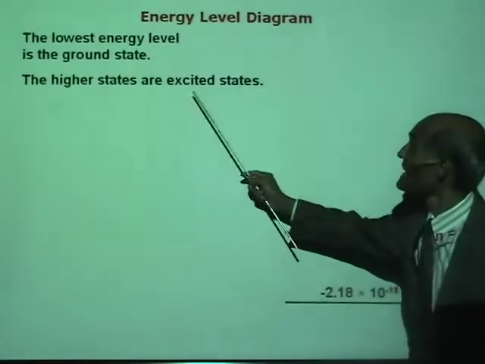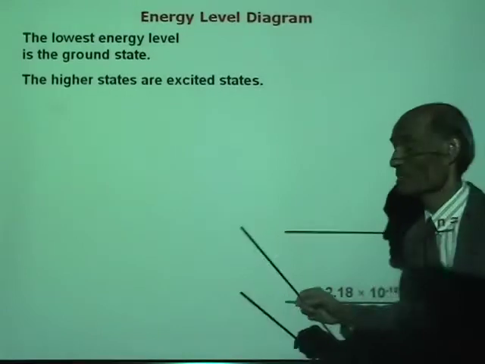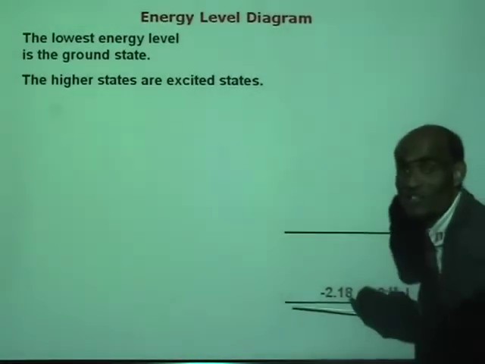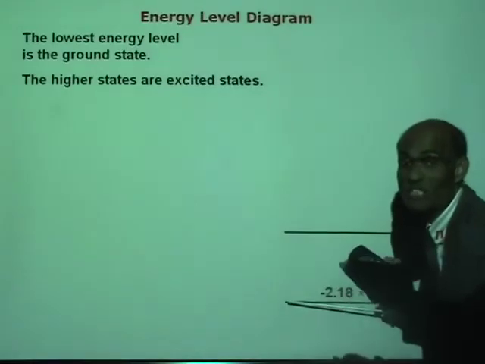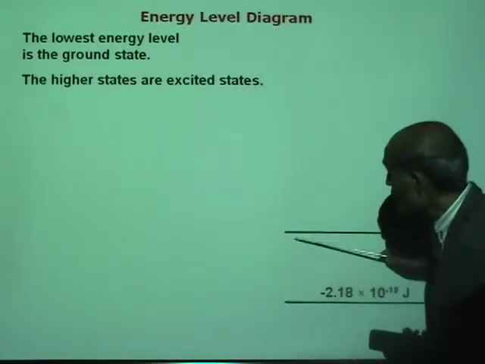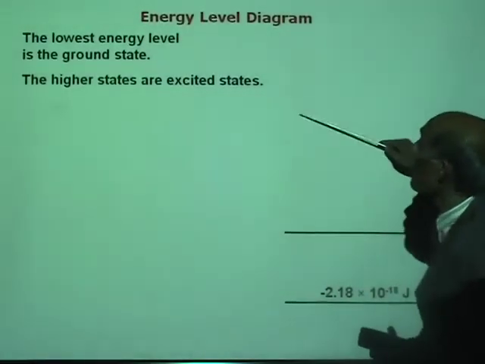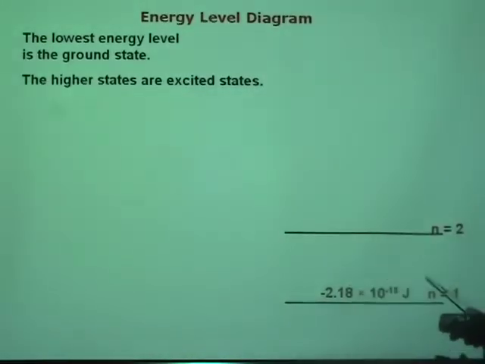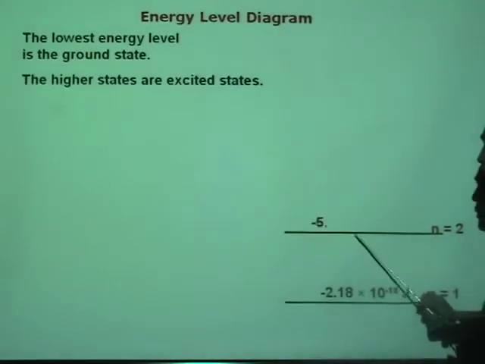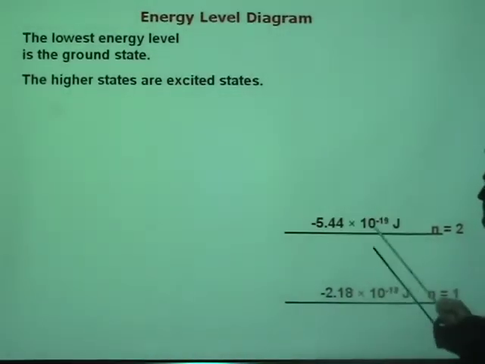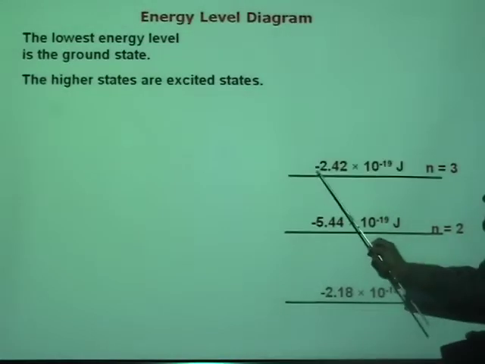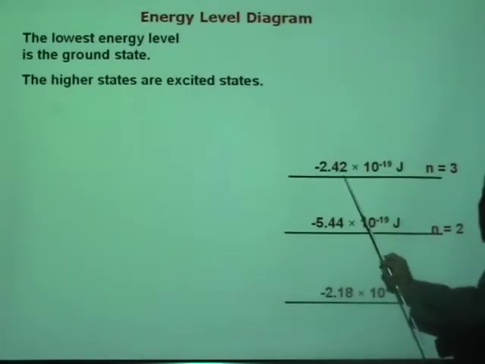Now, the higher states are excited states. An electron on the ground state, given extra energy by way of heating or any other method, can jump into any of the higher excited states. This is n equal to 2, and look at the energy value there. Alright, n equal to 3, this is the energy value.